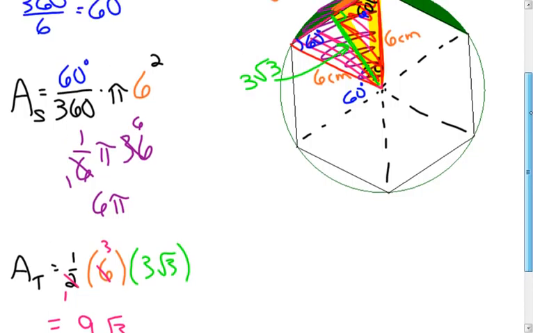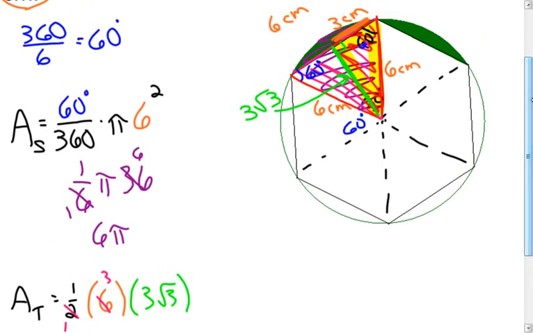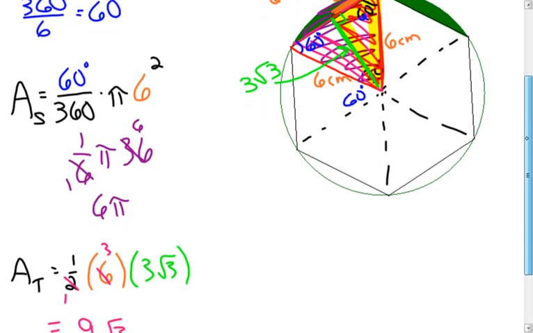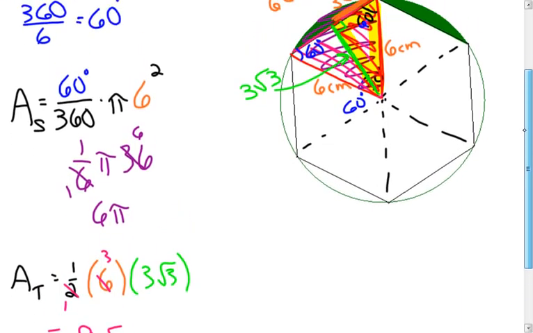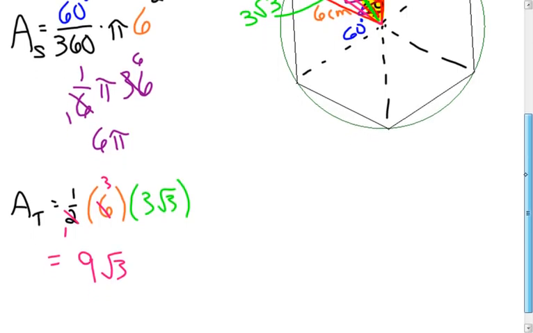Now remember, thinking back, I said if I could find the area of the big sector, which I had as purple, and it's really hard to see because I have it all colored in, and I had the area of the triangle, I could just subtract them to get the area of that one green segment. So here was the area of my sector.